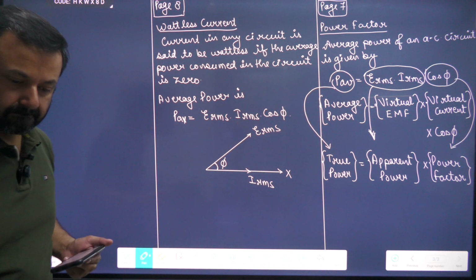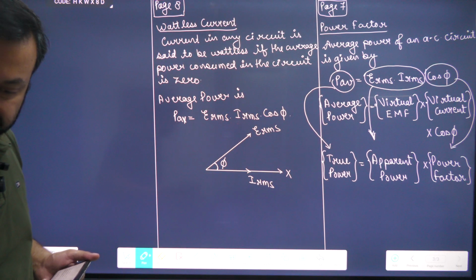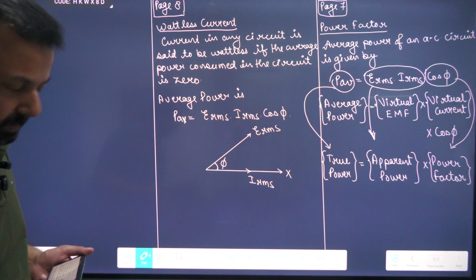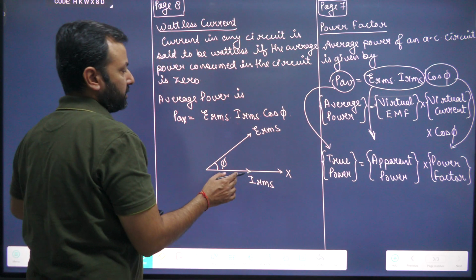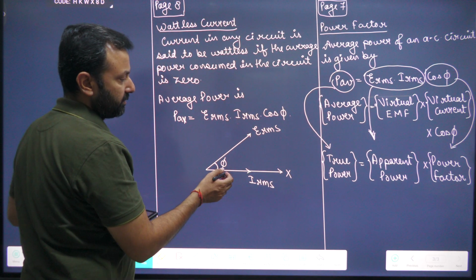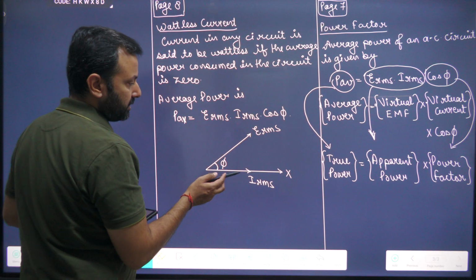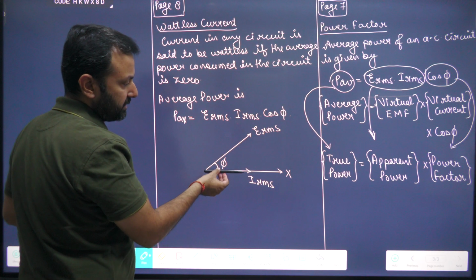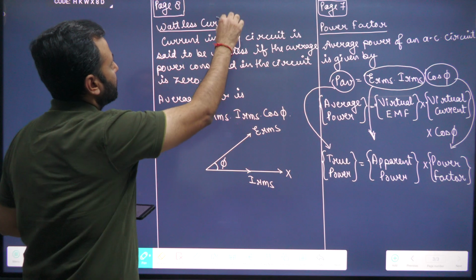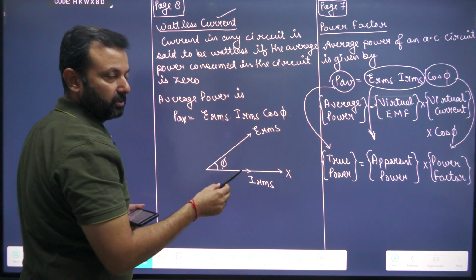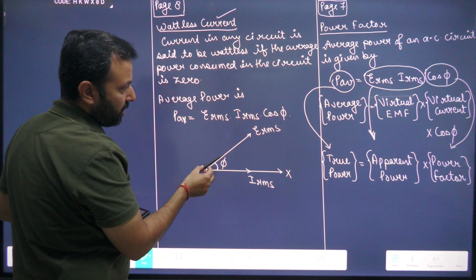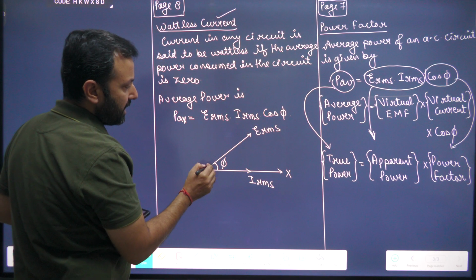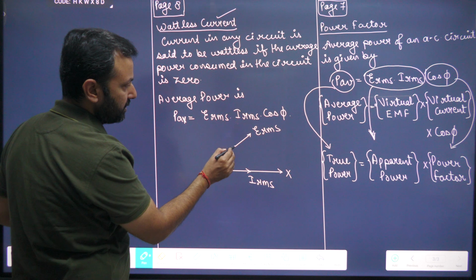Now, if I want to resolve the components of I, I am talking about the current, wattless current. So along E, it will be IRMS cos phi.